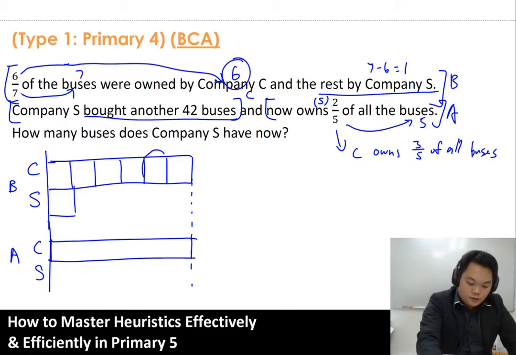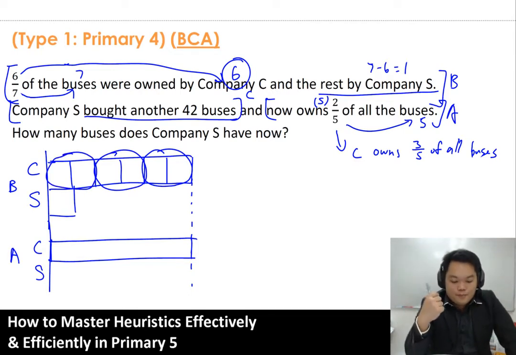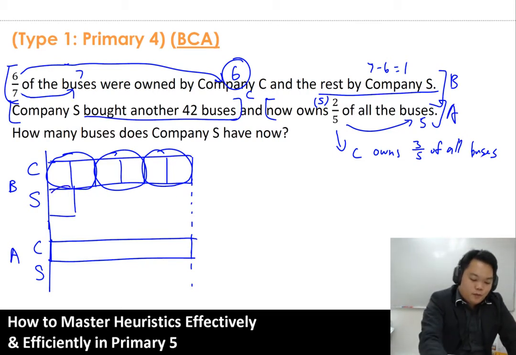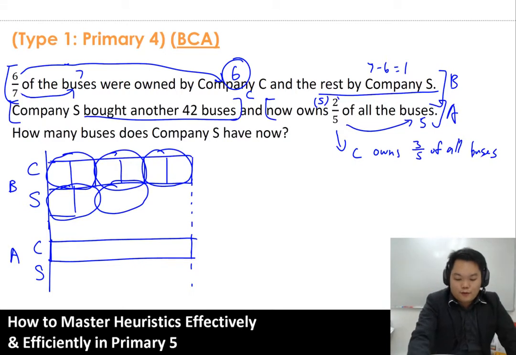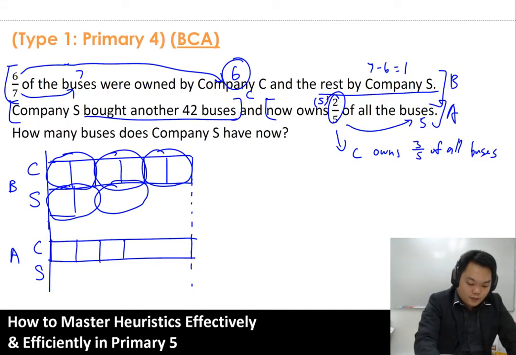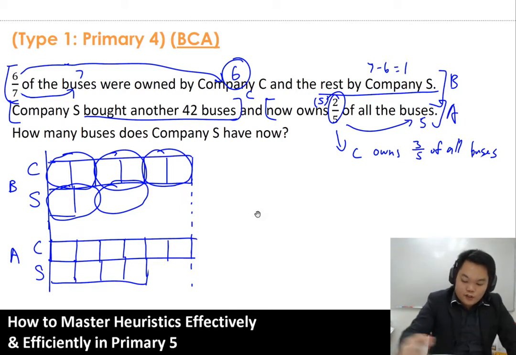We see that Company C can be grouped up nicely, like so, into 3 groups. In that case, there should be 2 groups for Company S, because Company S owns 2/5 of all the buses. Okay, so we draw it out like this, and then we see that Company S will have this much now.